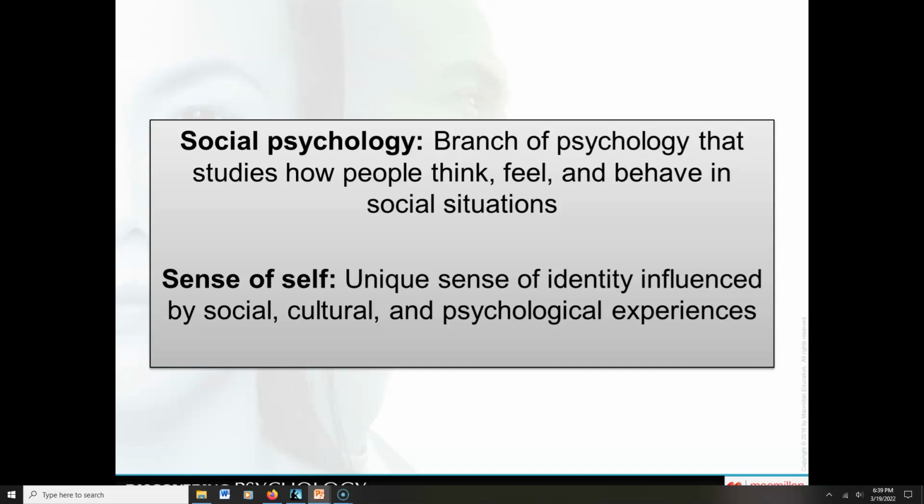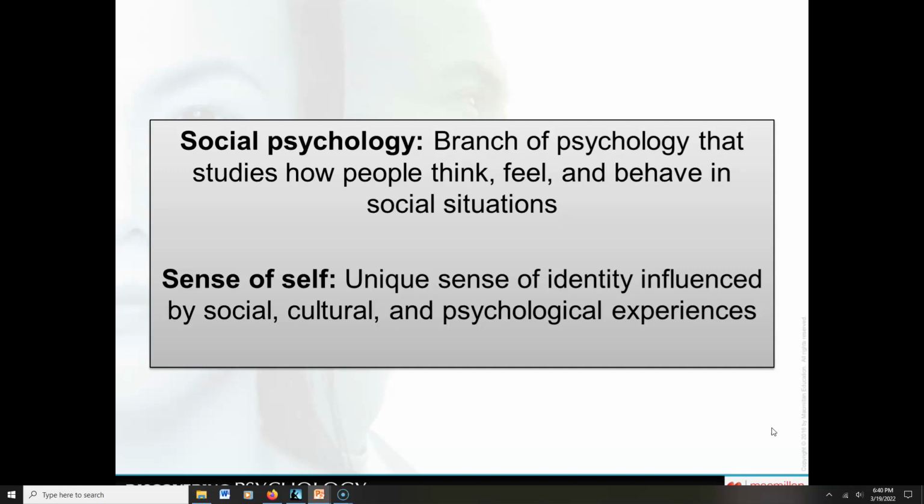When we're talking about social situations, that refers to situations where a person can be alone, or in the presence of others, or even in front of a crowd. Going a little further, we also want to keep in mind that one's sense of self is very influential on how we interact with other people, how we use our cognition, and how we use our emotions in that process of interaction.